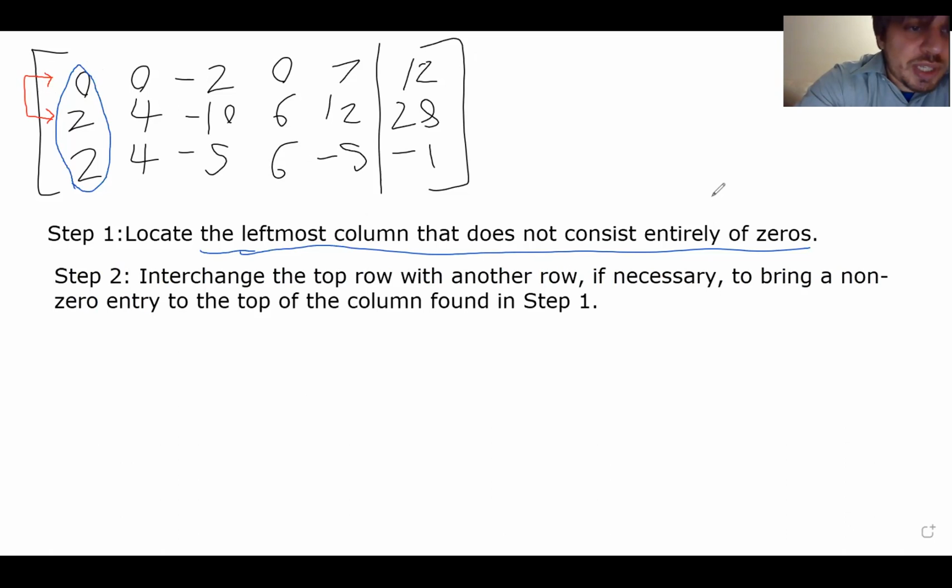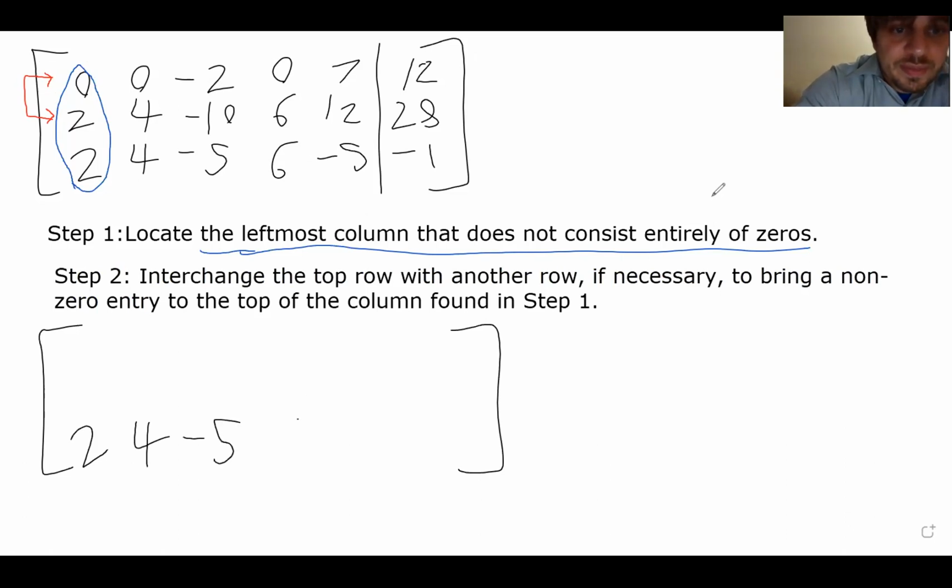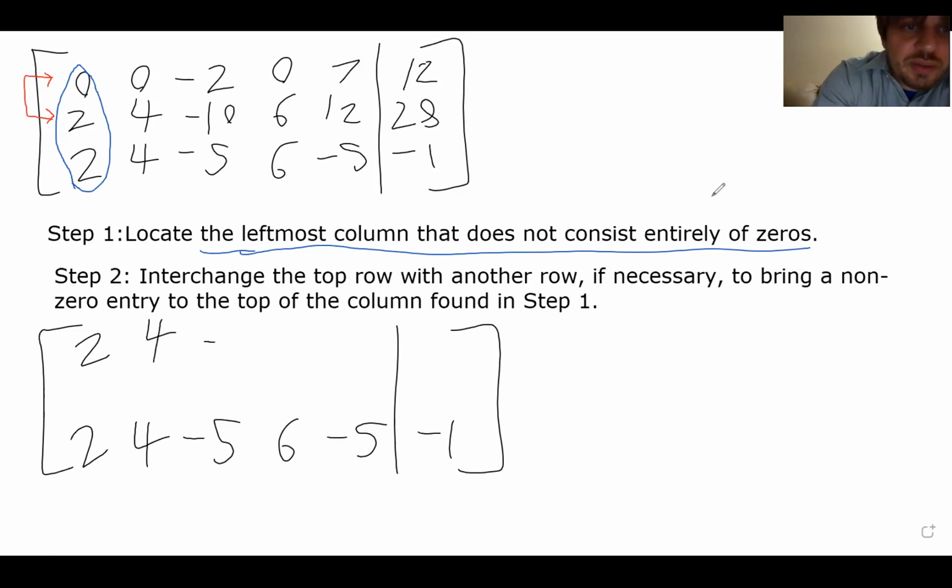So now I'm going to write this matrix out. This matrix is the result of switching the first and second rows. First, the last row stays exactly the same. I oftentimes like to look at the easiest thing first. The third row stays the same. If I switch the first and second row, the first row is now what was the second row before.